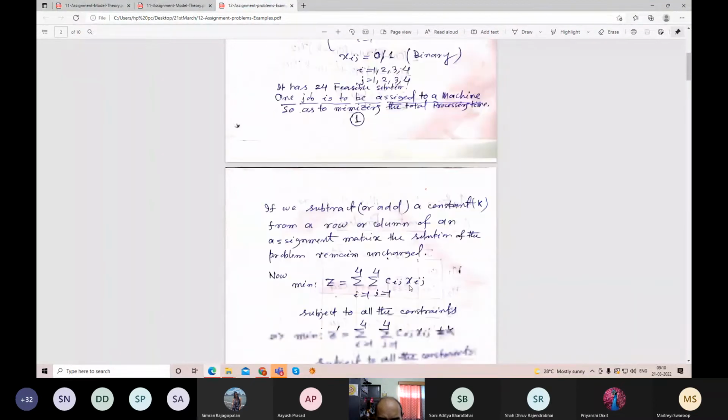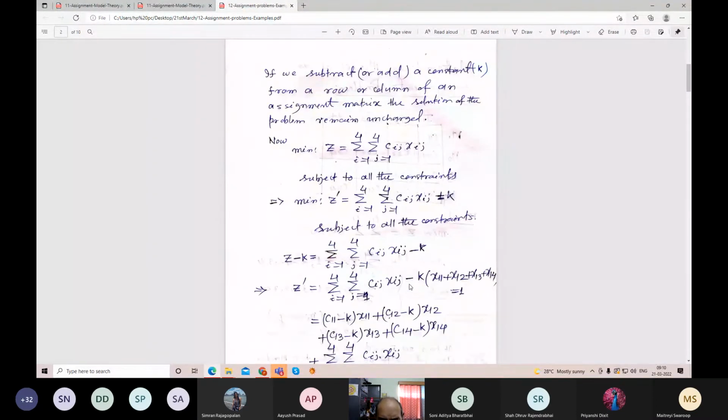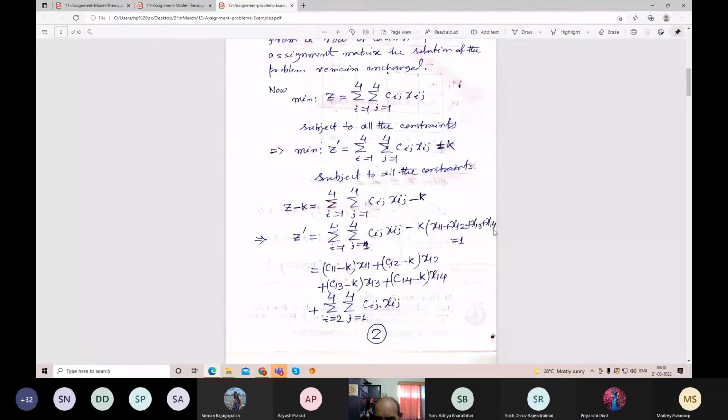So we are considering only one row, let us say the first row. So this is our objective function. Minus k, I can write k into 1. And what is 1? That is x11 plus x12 plus x13 plus x14, which is equal to 1. Here I am separately considering the first row and subtracting, and all the other rows I am keeping intact.